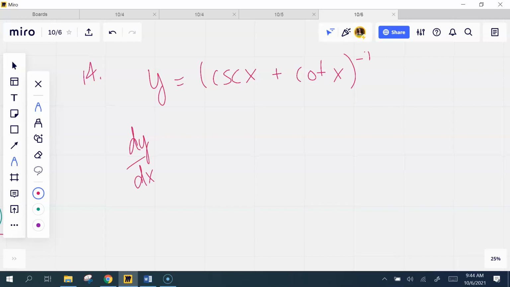Bring this around, -1 times, and I leave all this alone right now. Subtract 1. Am I done? No, because I have chain rule, so I need to multiply by the derivative of the inside.